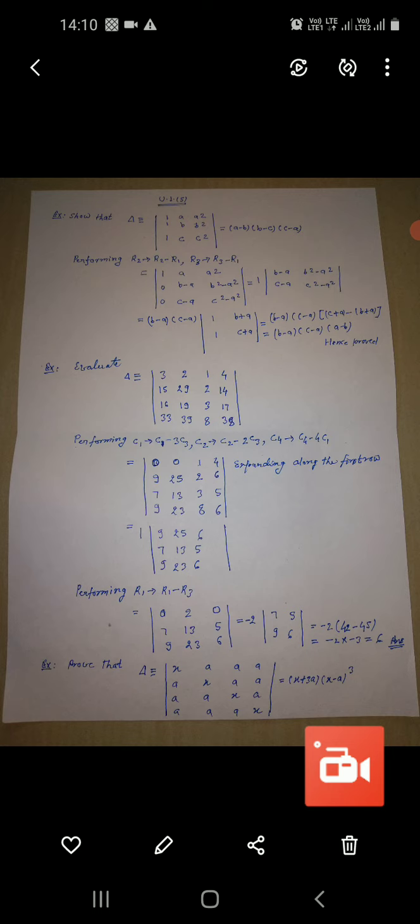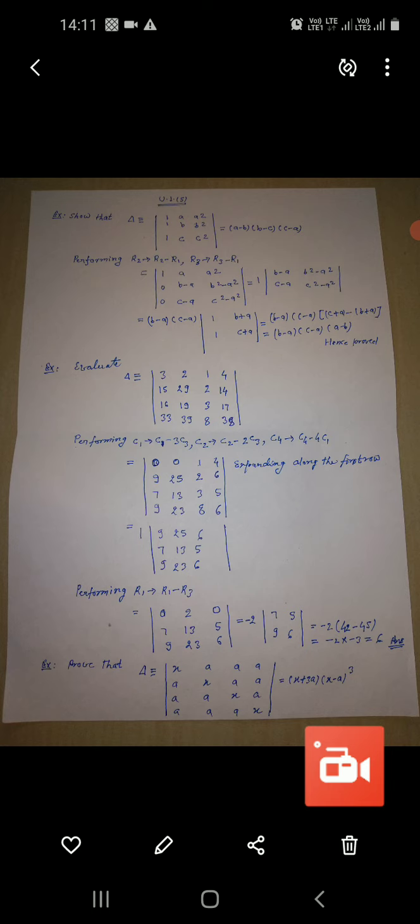Next is evaluate delta is equal to, in first row 3 2 1 4, in second row 15 29 2 14, in third row 16 19 33 17, and in fourth row 33 39 8 and 38. You have to find its value.